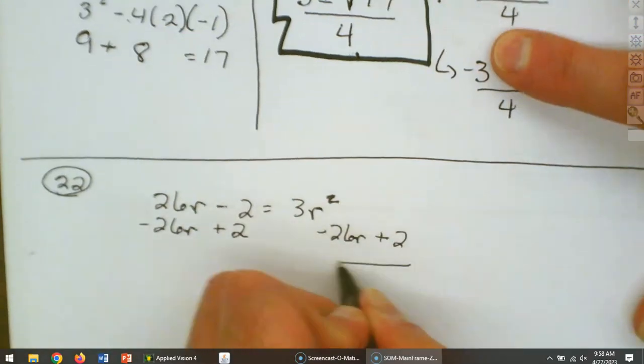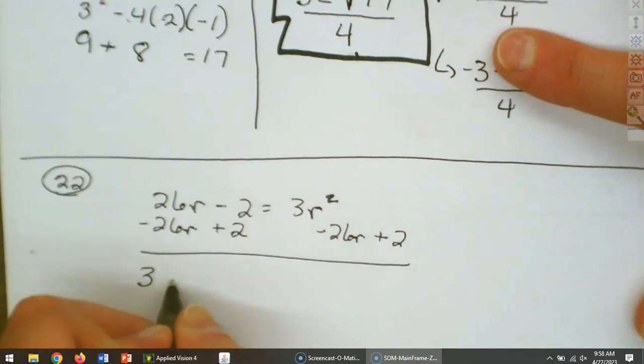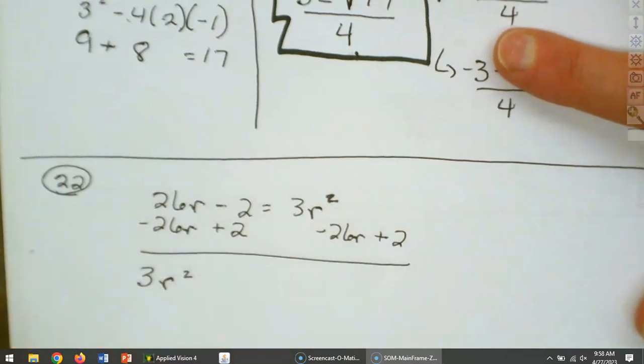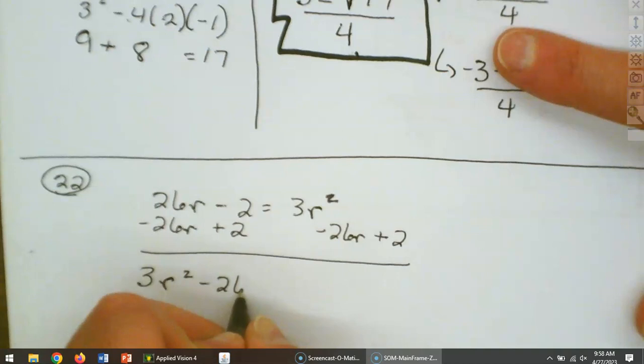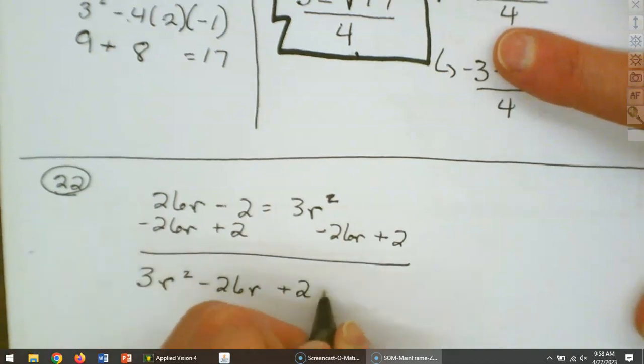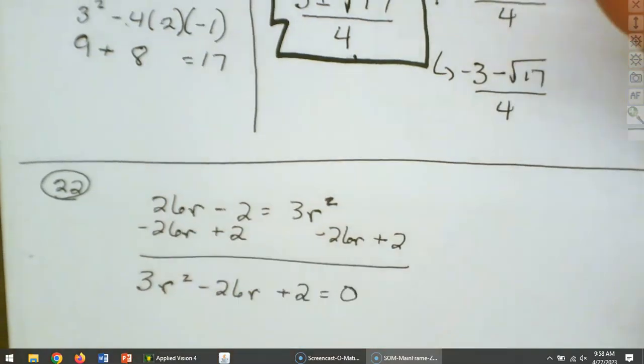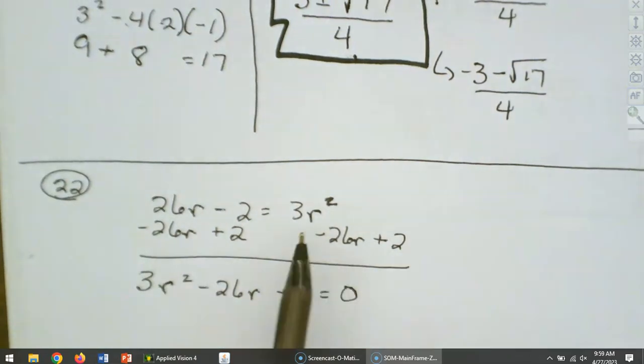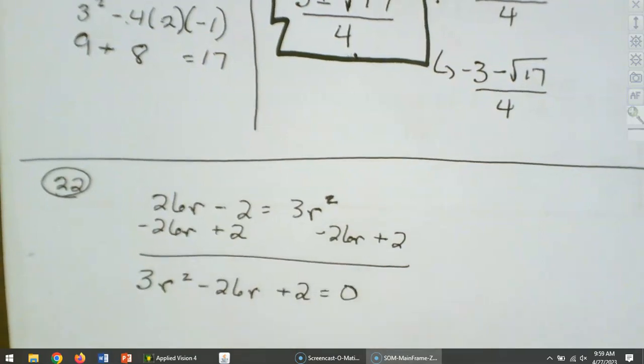Now, when I rewrite, then I get 3r squared minus 26r plus 2, and that now equals 0. So I just moved those over, and I write the 3r squared on the left. That came over, and that came over. Now it's in the correct order.